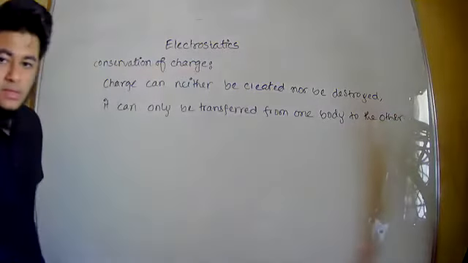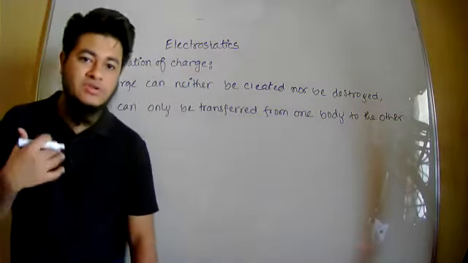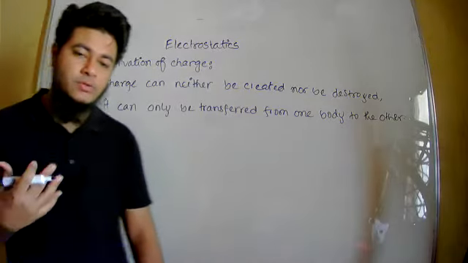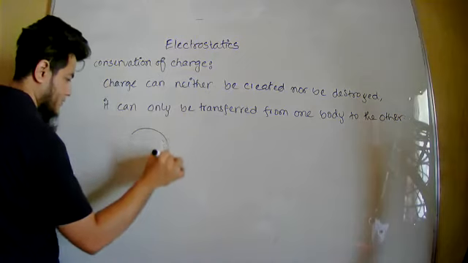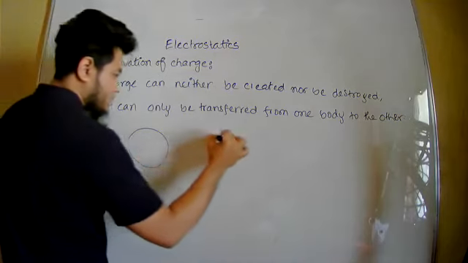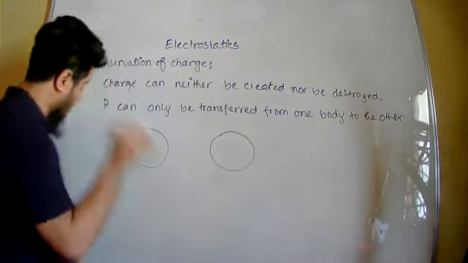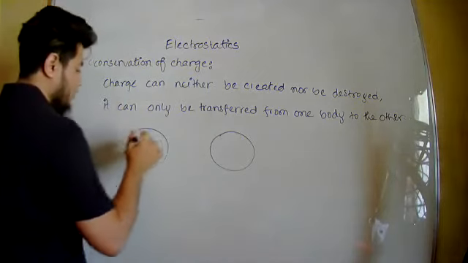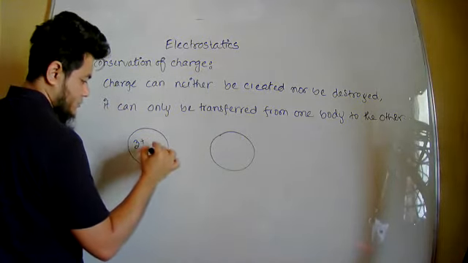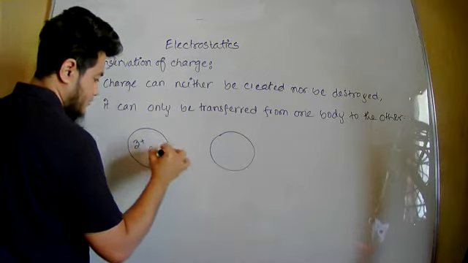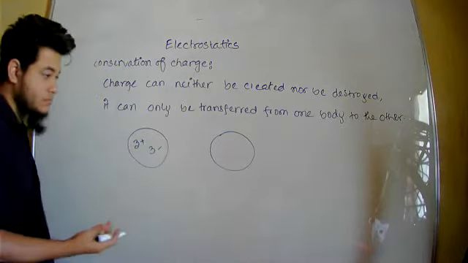Now, if we want to understand this through an example, we can do it like this. Let us say there are two bodies. One body has 3 protons and 3 electrons, a neutral condition.